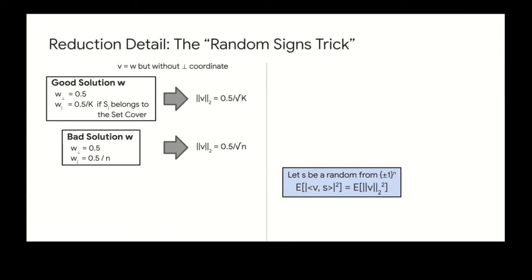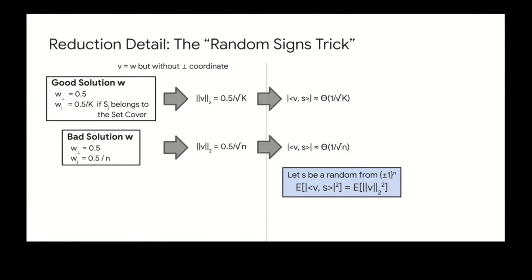Now, if we look at our good and bad solutions, in the good case the L2 norm is of order 1 over square root k, because we are placing equal mass on k coordinates. But in the bad solution, we put equal mass on n coordinates, so the L2 norm is 1 over square root n.